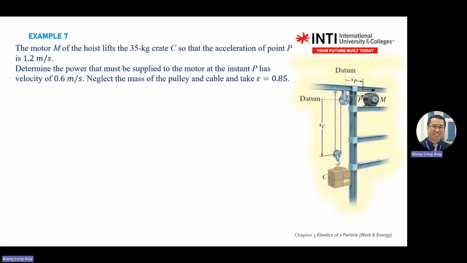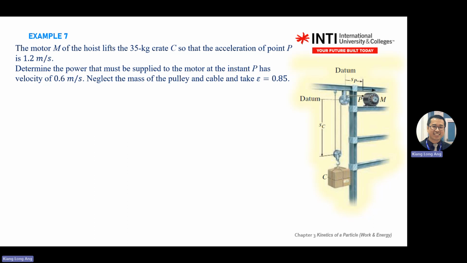Cable, and take the efficiency as 85%. Okay. So when you see this kind of question, it asks you to write what you understand about the parameters. First, you see the efficiency. You write efficiency equals what? Power output divided by input. Then you write what is power.